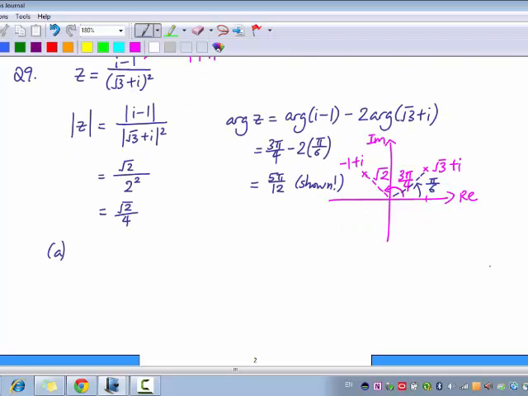In order to find the fourth roots of z, we solve the equation w to the power 4 equal to z, which is r e^(i theta).